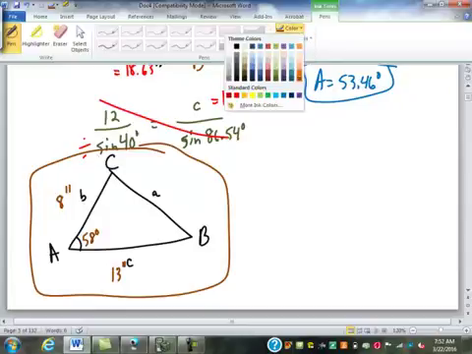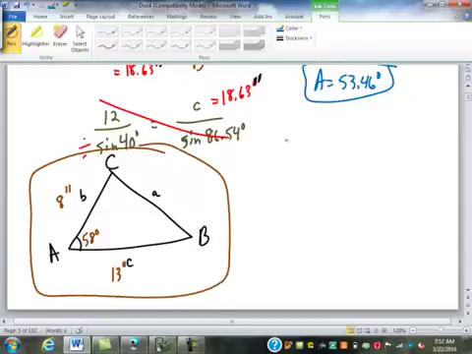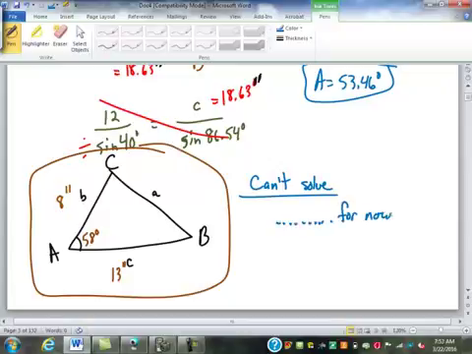Looking at this triangle, what's the first thing we always do when we look at an oblique triangle? We try to find a pair of a side and its opposite angle. Do we have that here? No, we don't. We can't solve this. For now.